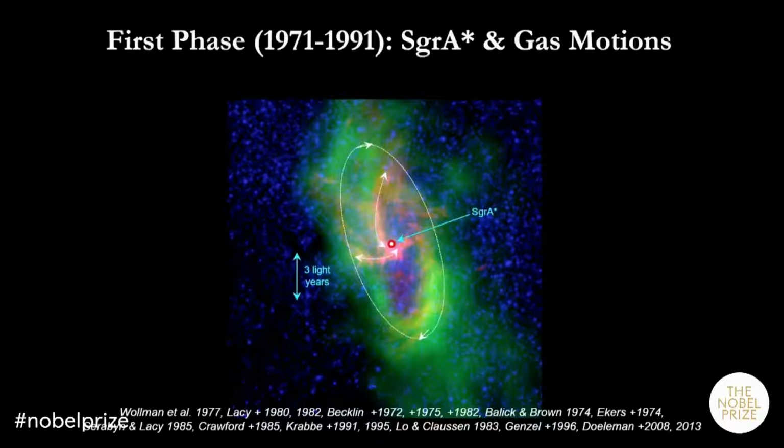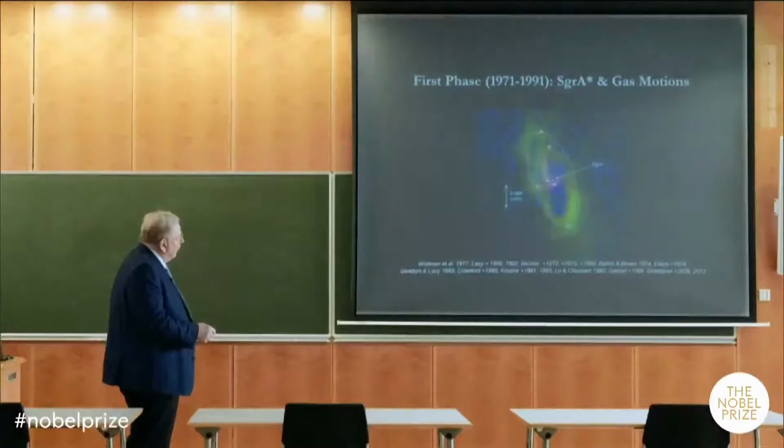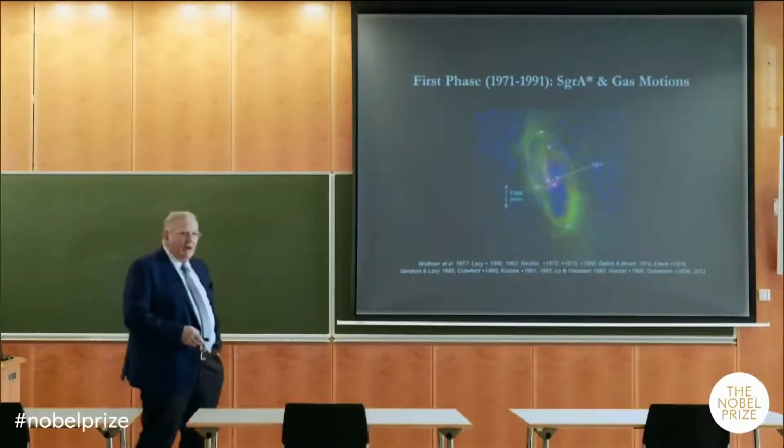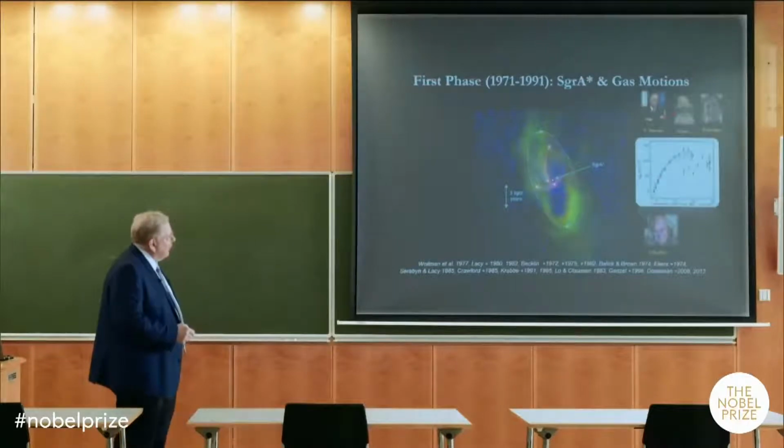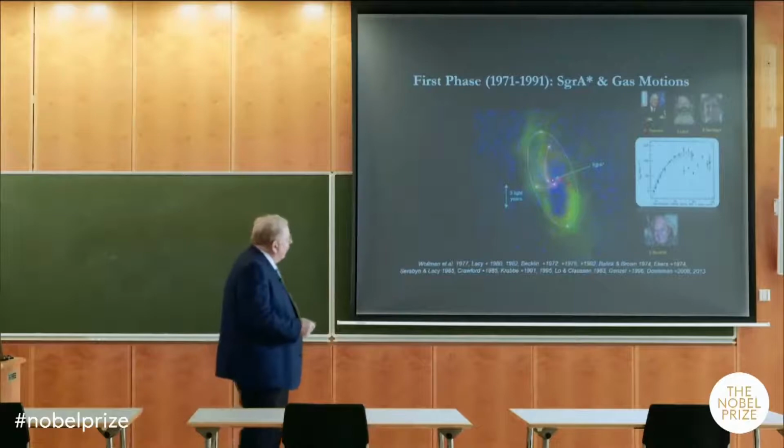In fact, that was the first path towards looking whether there is a central mass. Basically, what one does is to look whether this gas is orbiting and look from the velocities what the mass would be. So indeed, a group around Charles Townes at the University of California with his students started looking at these ionized gas streamers here.